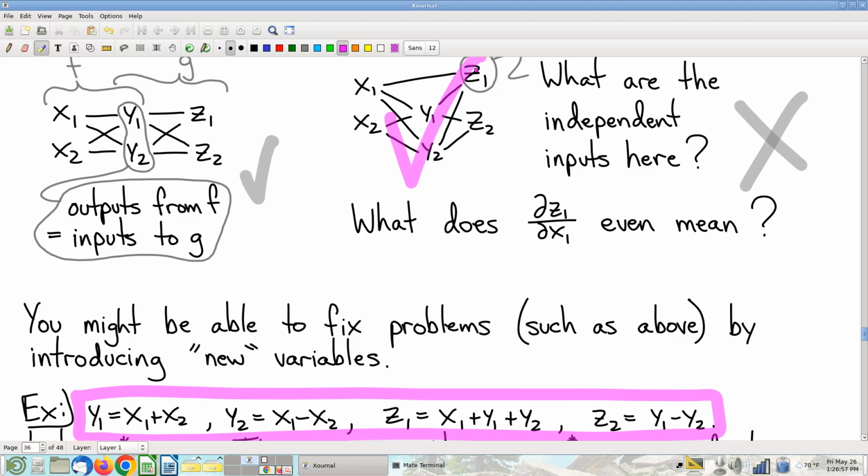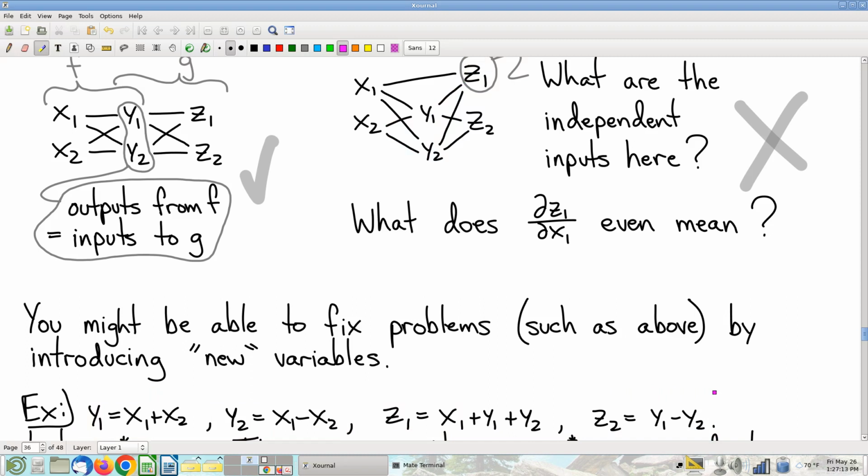And let's suppose you're asked to compute a certain partial derivative and you're going to want to apply the chain rule. You've got to fix your diagram. This is not a diagram that our chain rule, as we understand it, applies to. So here's how I'm going to fix it. I'm basically going to stick in another variable right there.